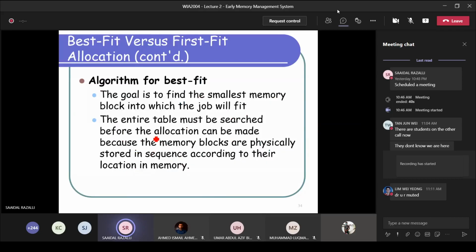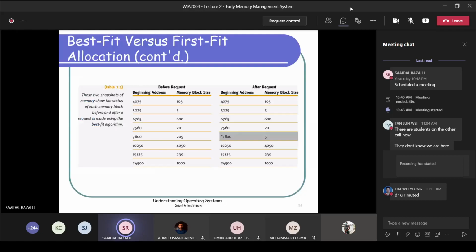But for best fit, the entire table must be searched before the allocation can be made, because the memory blocks are physically stored in the sequence according to their location in the memory. So let's say this is the best fit algorithm. The job has 200 in size.